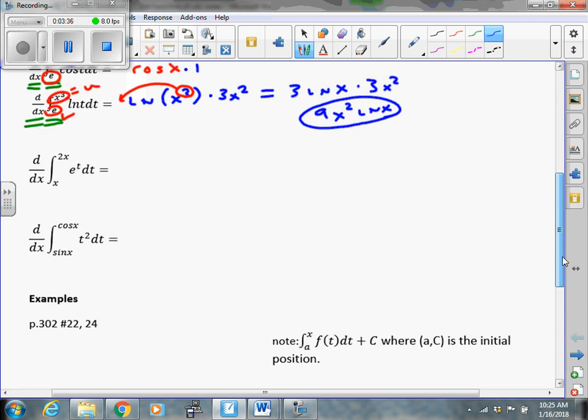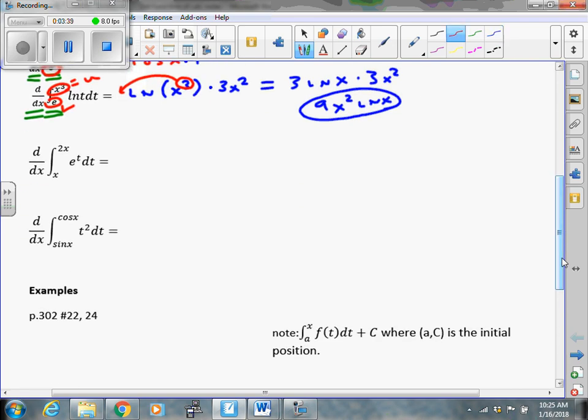Okay, next example here. Notice now I've got the derivative of an integral, but the hiccup is this is a u, but down here I don't have a constant. It's also a u. So how this works is we take the integral of the top and the integral of the bottom.